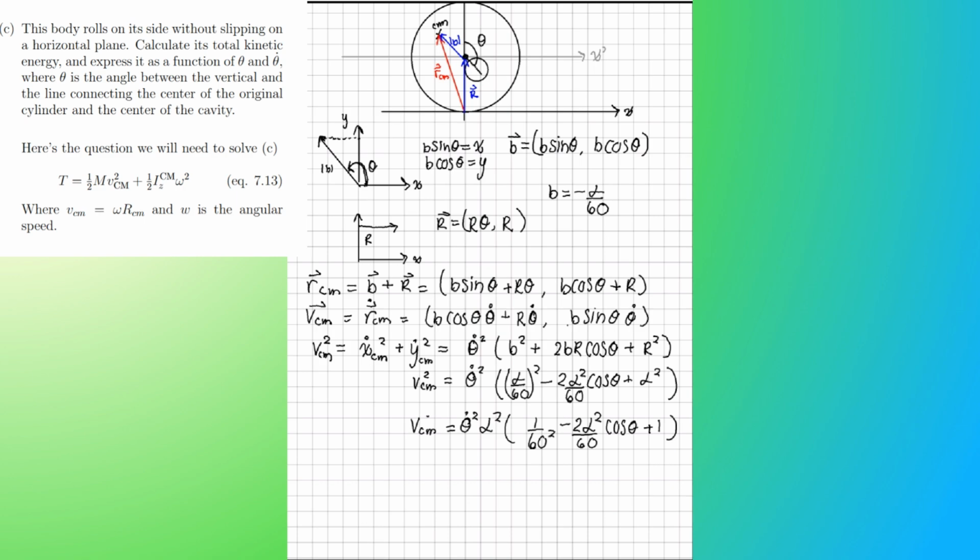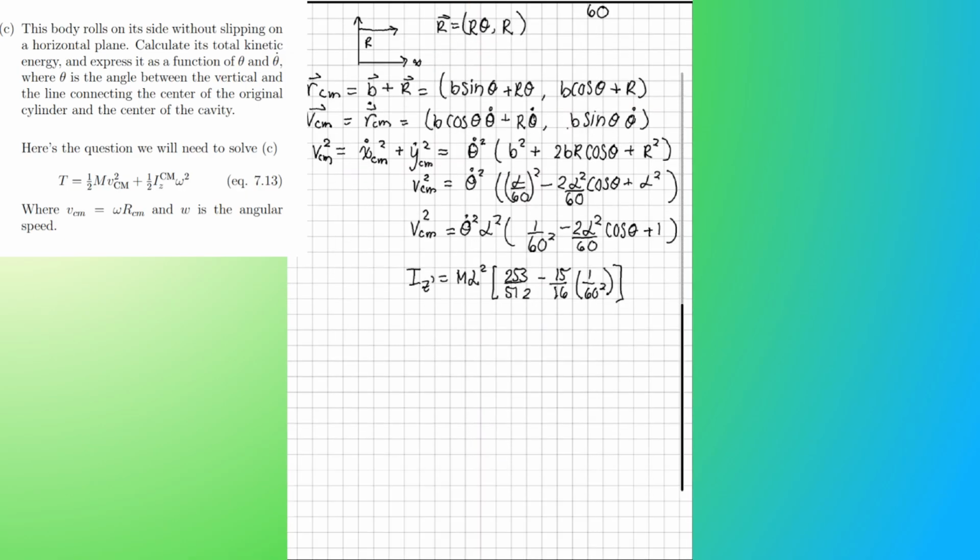And voila. Now we have our v squared. We already know the moment of inertia around the center of mass, which was this. Okay, I'm keeping the 60 like this. I'm not adding up 1 because I can see that these two are going to cancel out.